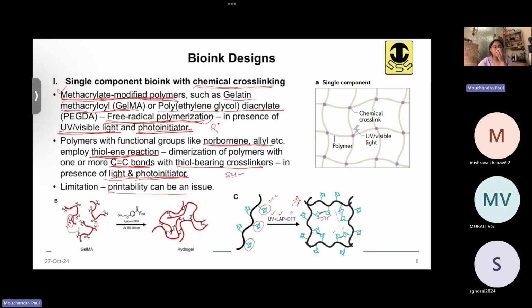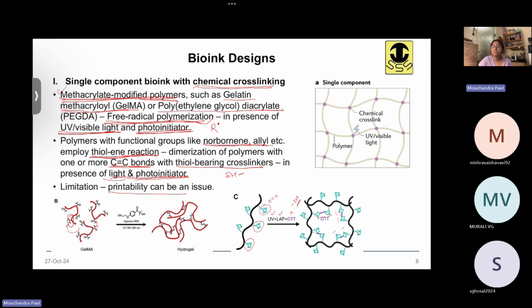The initial state of that bioink is very much like water. It flows very easily. It does not have sufficient viscosity to start with. So how we circumvent this issue, we often mix these modified polymers with other polymers which can give sufficient viscosity, and in that way we can overcome this issue.